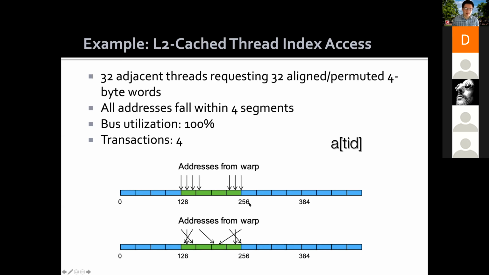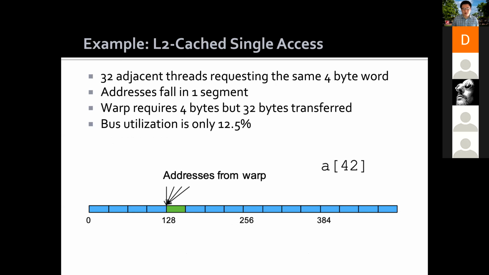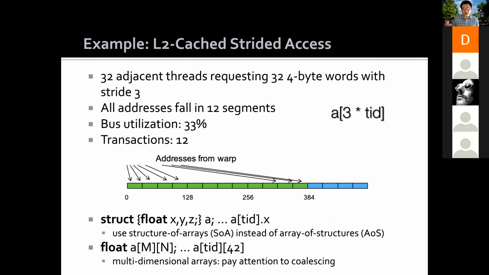In this case, you don't know the start point of your memory address, and sometimes this situation could happen, but it's okay because it's still aligned memory access. But try to avoid the case where you ask all the threads to access the same memory location. This is also not a good case, and neither is asking a thread to access non-continuous memory addresses.